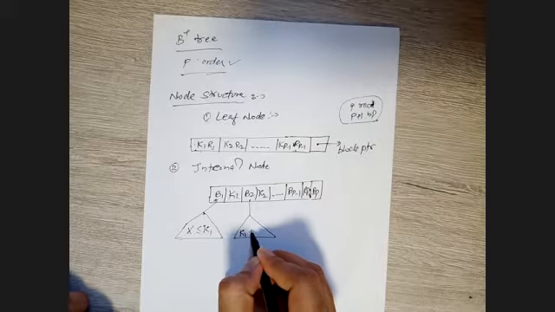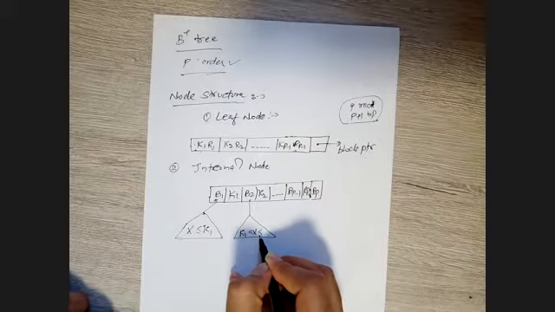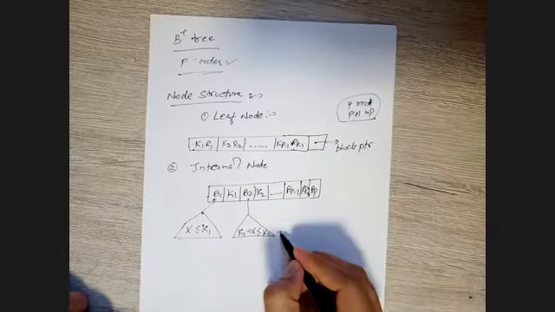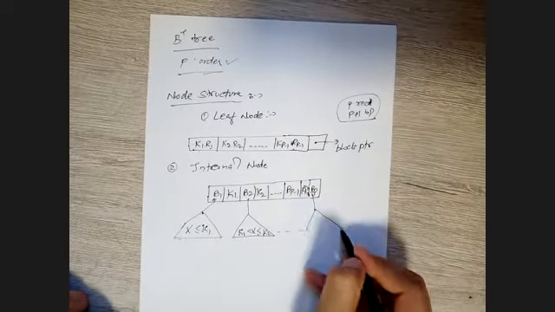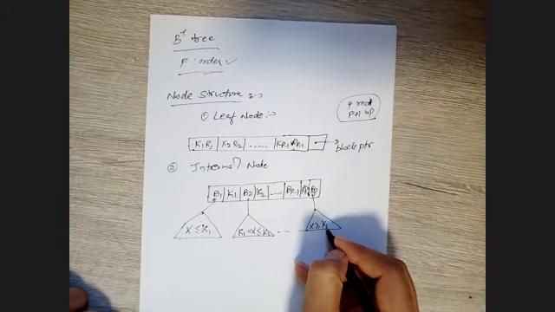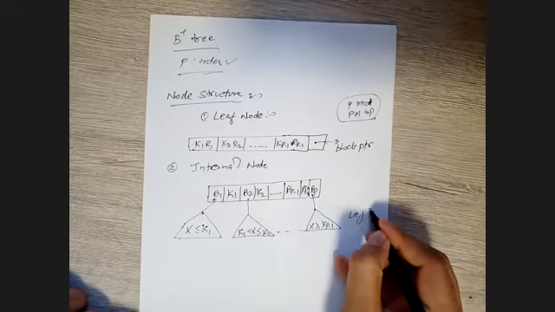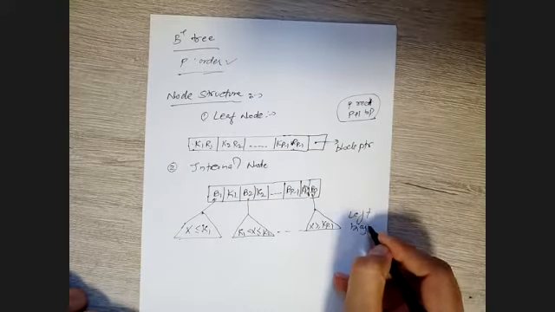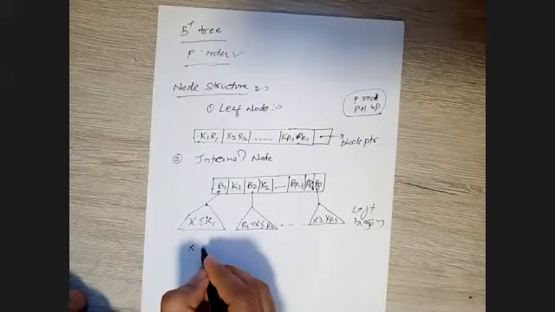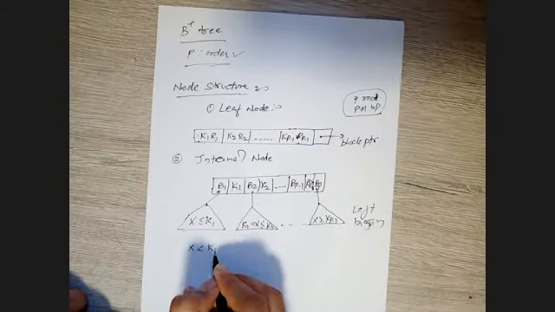K1 less than X and X less than or equal to K2, that way, right? And the last one will be X greater than K p minus 1. This is for left biasing. For right biasing, your X value will be less than K1, not equal to.